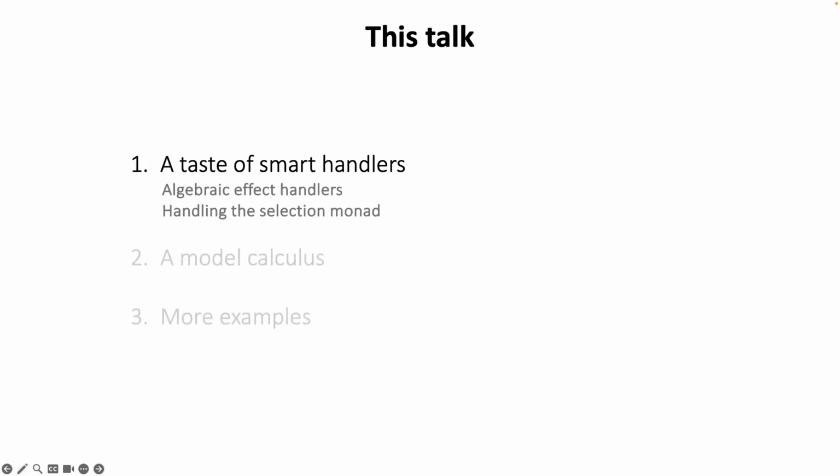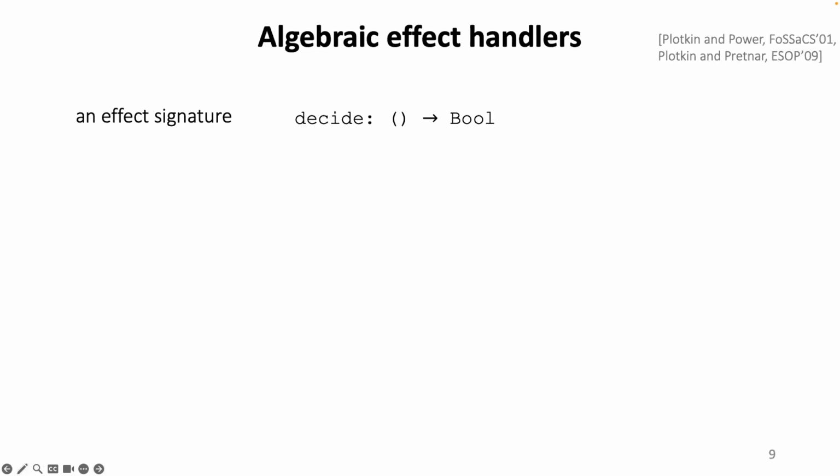To do that, I will first provide a brief background on algebraic effect handlers, and then I will show how the selection monad can be added to the system on top of effect handlers. And we start with the background on algebraic effect handlers through a simple example.